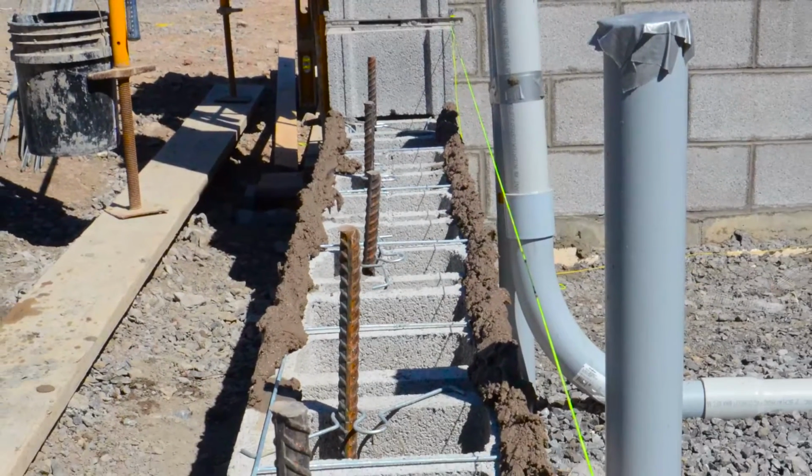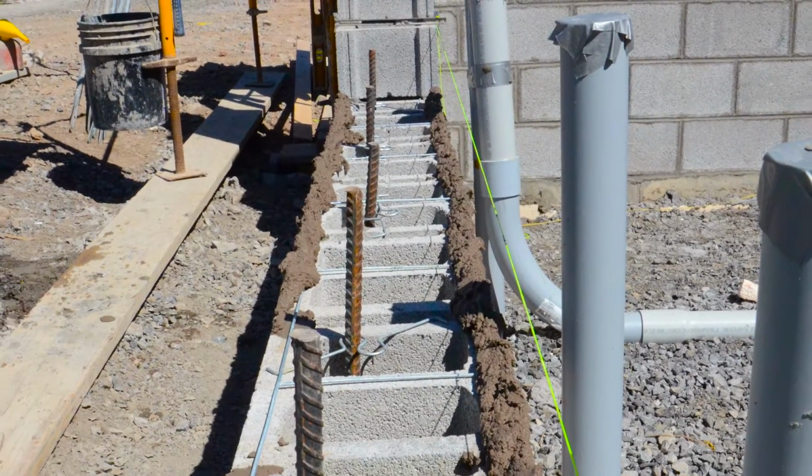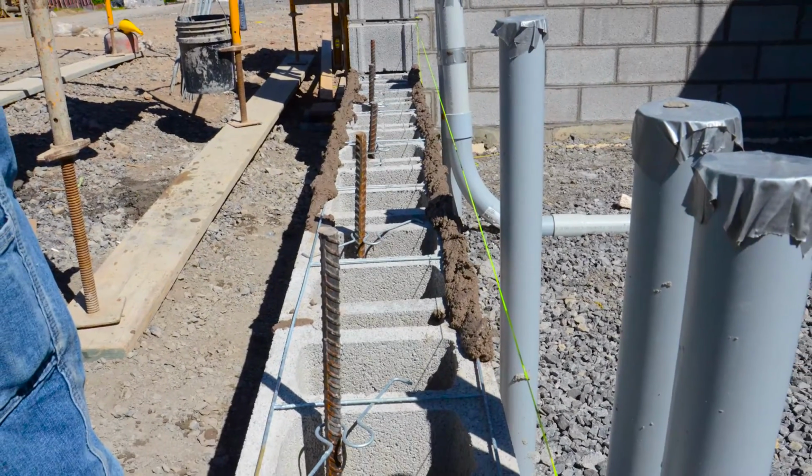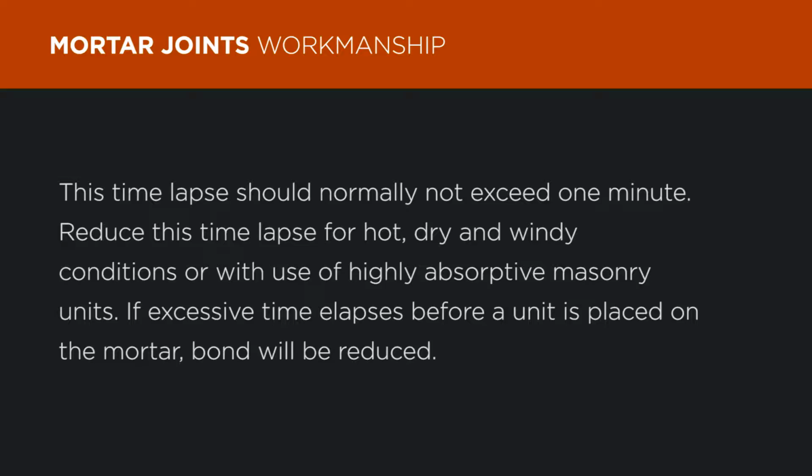The time lapse between spreading mortar and placing the masonry unit should be kept to a minimum because the flow will be reduced through suction of the unit on which it is placed. This time lapse should normally not exceed 1 minute. Reduce this time lapse for hot, dry, and windy conditions or with the use of highly absorptive masonry units. If excessive time elapses before a unit is placed on the mortar, bond will be reduced.